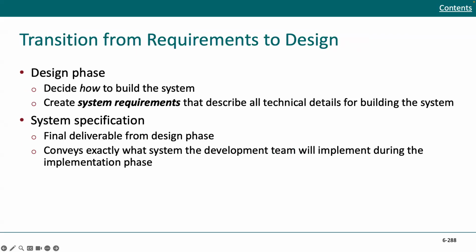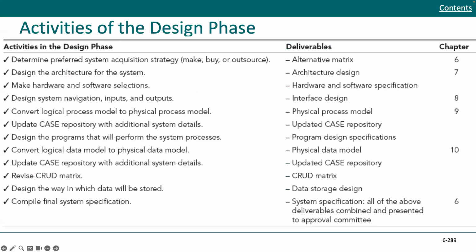In the design phase, we decide how to build the system. We create the system requirements that describe all the technical details for building the system. The system specification is a final deliverable from the design phase, and it conveys exactly what system the development team will implement during the implementation phase.